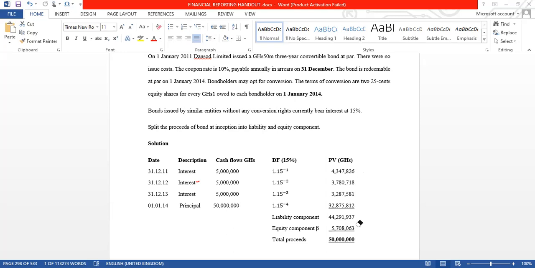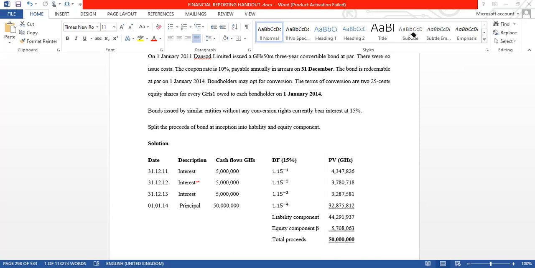So you see that your liability is actually lower than this, and therefore you are going to credit your P&L and debit the liability. Please get those things settled in your mind. All right, so that is that.